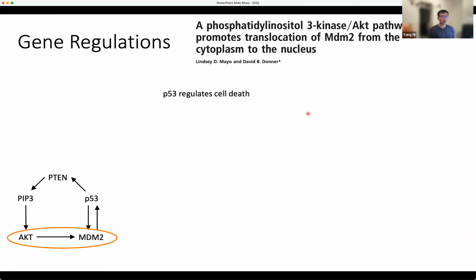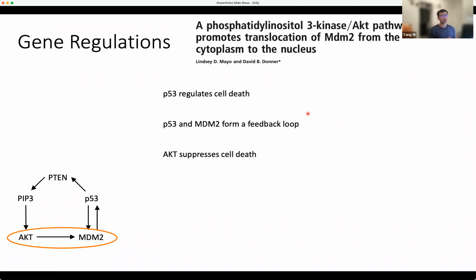That's something they knew before they established their causation. They also said that they knew p53 and MDM2 form a feedback loop. Again, that's something they knew before they even carried out their study. They also knew AKT suppresses cell death.